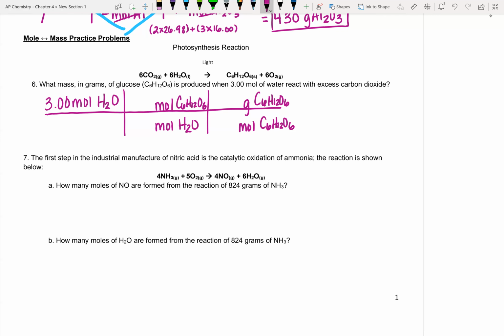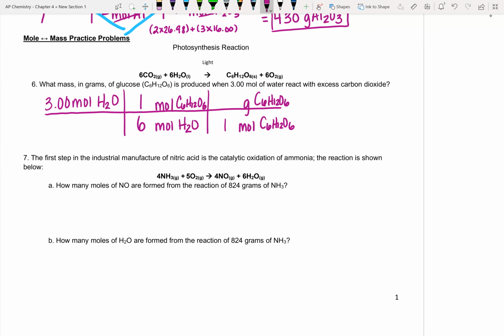The numbers for the mole-to-mole ratio, and you know it's the mole-to-mole ratio because it's the fraction mole divided by mole, come from the balanced equation. The coefficient for glucose is 1. The coefficient for water is 6. The next step is grams to moles. This is the molar mass. So the number of grams from the periodic table is equal to 1 mole.